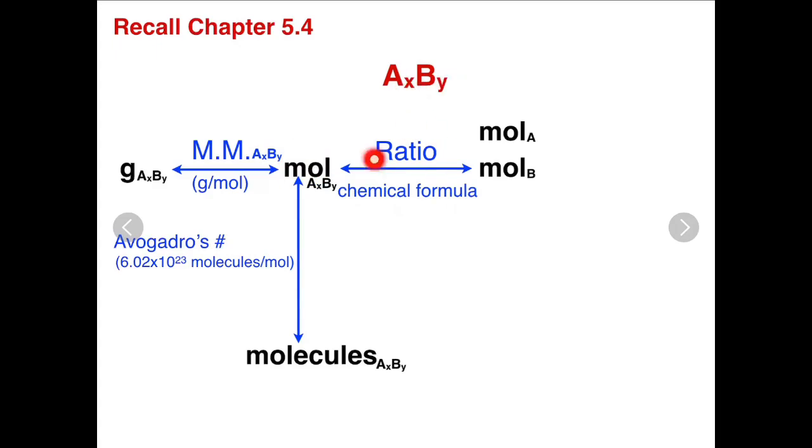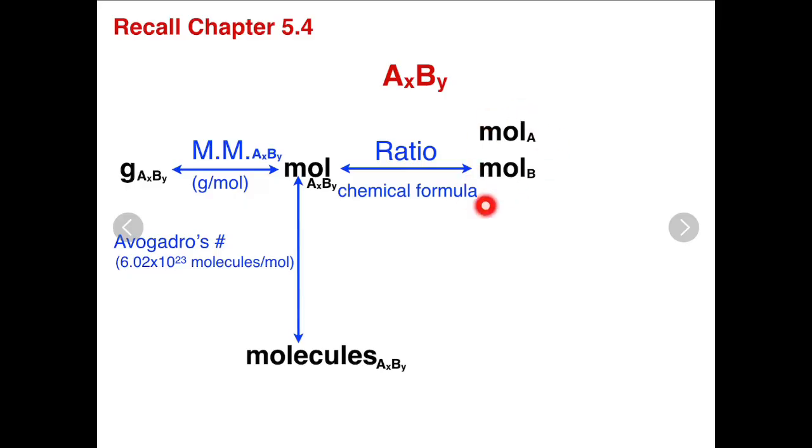This X and Y ratio will allow you to go between moles of molecule and moles of each of those atoms within the molecule. If you know this ratio, you can go from moles of molecule AB to moles of just A or B by using that chemical formula.